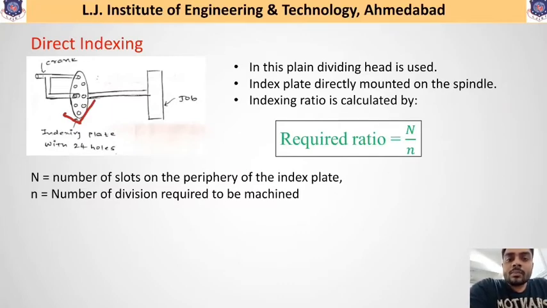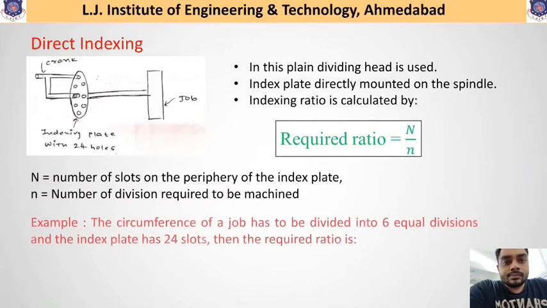That means a maximum of 24 equidistant divisions or teeth can be generated on the workpiece using this direct indexing method. So let us take an example. Suppose the circumference of a job has to be divided into 6 equal divisions and the index plate has 24 slots. Then the required ratio is?